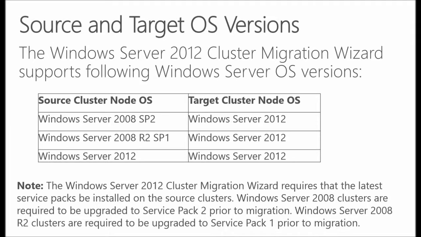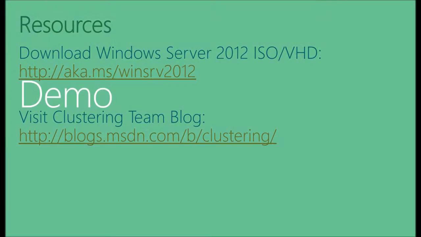When you're using Windows Server 2008, you have to upgrade to Service Pack 2 before you do the migration. If you are running Windows Server 2008 R2, you are required to upgrade to Service Pack 1. You need those service packs before you can start the migration. All right? Now let's go for a quick demo.